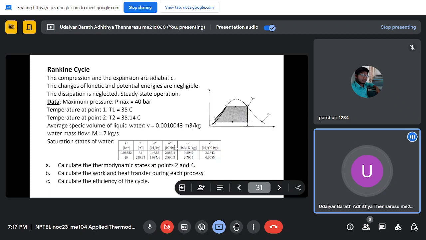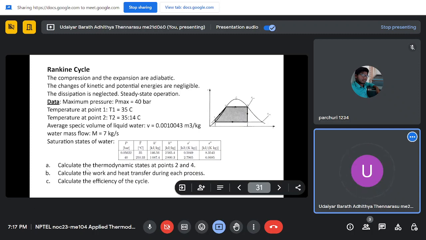So the data is also provided for the saturated properties for the states, the corresponding pressures, 40 bar and 35 degrees Celsius, evaporating and condensing temperature.